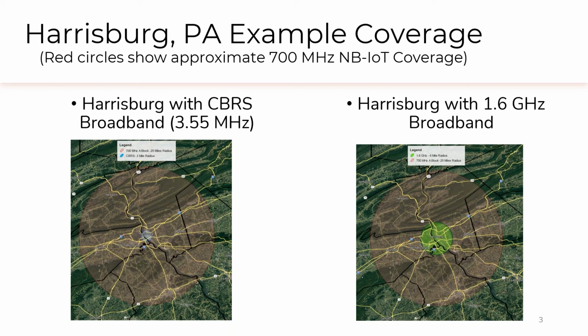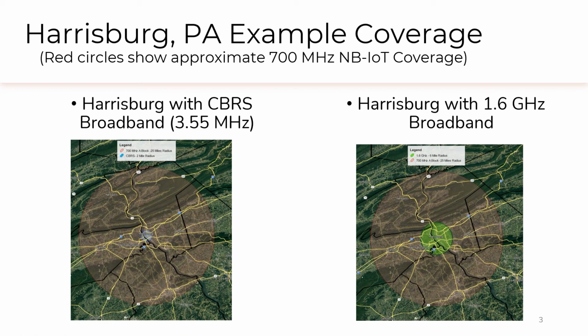The CBRS is in many cases shared, and in some cases you can also acquire your own license for these frequencies. So depending on what area you want to cover, you might be attracted to one of these or the other. But you'll see, it doesn't cover the entire area. We say roughly 25 miles could be done using 700 megahertz NB-IoT.